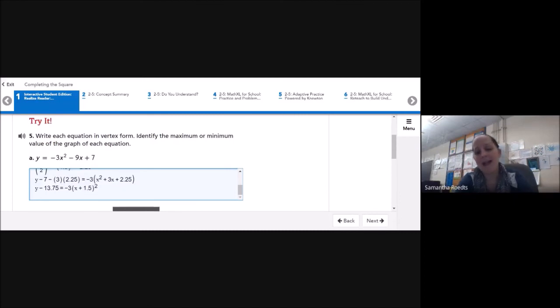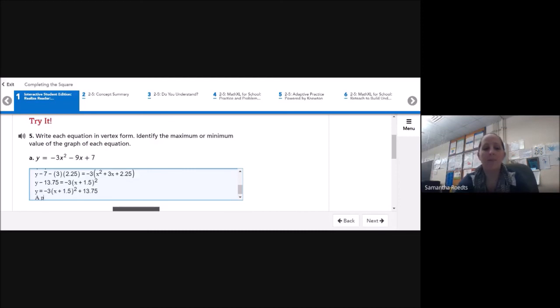I need to add 13.75 to the other side to get y by itself. So I get y equals negative 3 times the quantity x plus 1.5 squared plus 13.75.